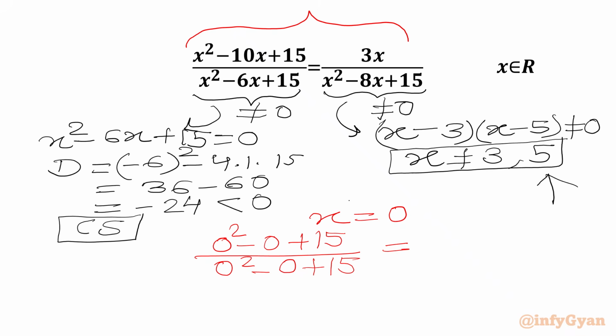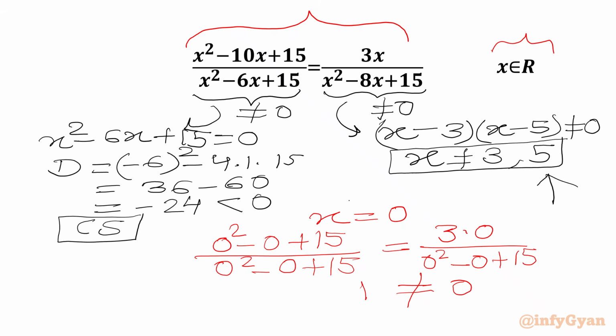And RHS will be 3 times 0 in the numerator, and in the denominator 0 square minus 0 plus 15. So our LHS is 1 and our RHS is 0, which is not true in mathematics for x to be real. So for our equation, we can say x cannot be equal to 0.